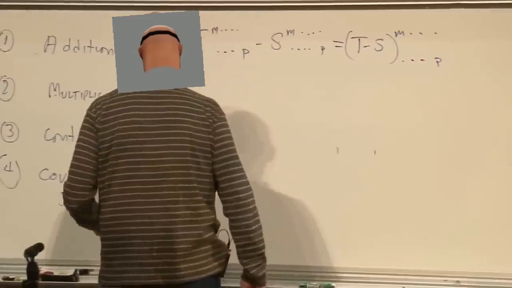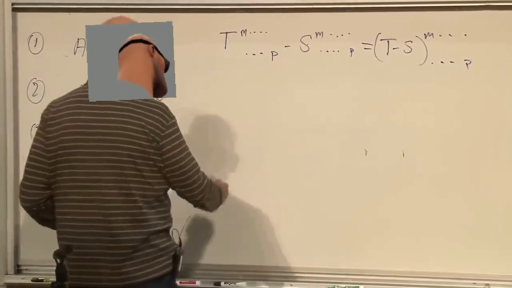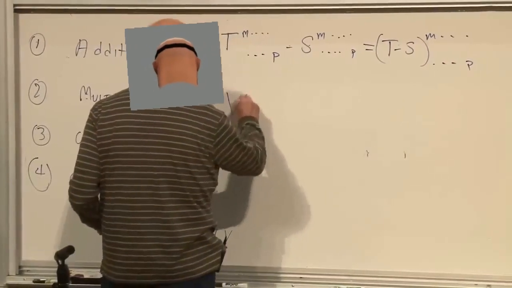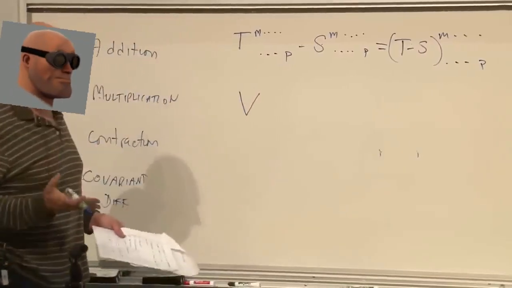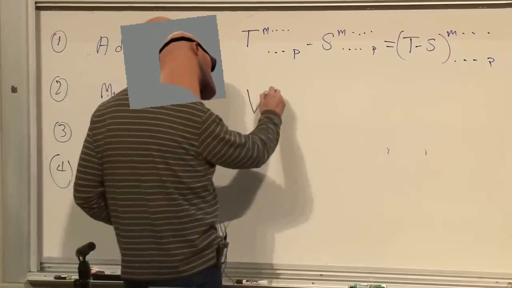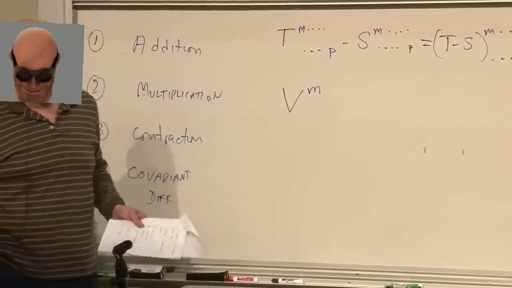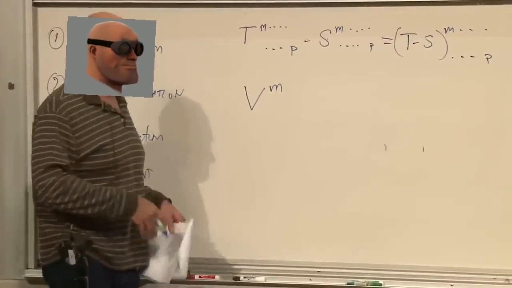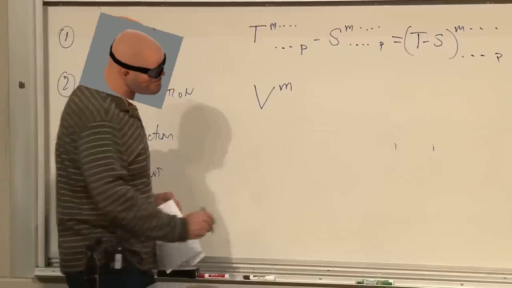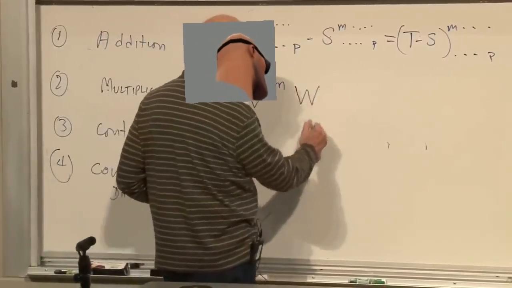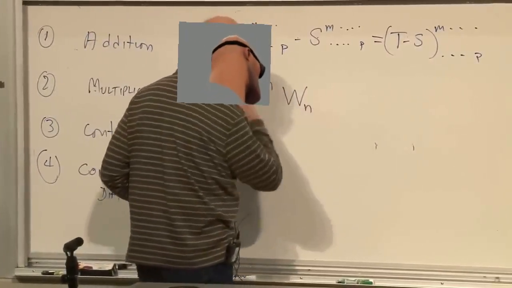Multiplying two vectors. Supposing we have a vector with a contravariant index, and we multiply it by some other vector to make life a little more complicated. Let's multiply it by a vector with a covariant index.